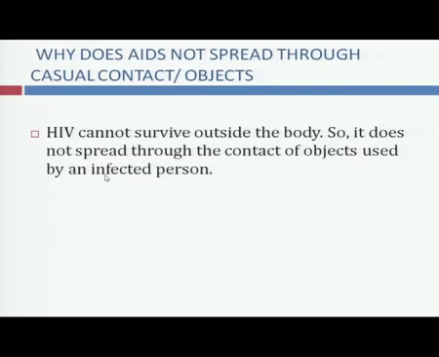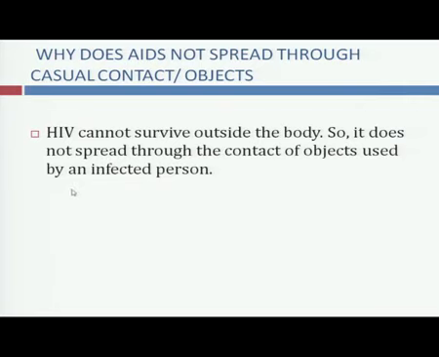But why does it so happen that AIDS cannot spread through indirect contact? Any answers? Well, yes, you are right if you are thinking that the HIV virus cannot survive outside the cells. That is why it does not spread through the contact of objects used by an infected person.